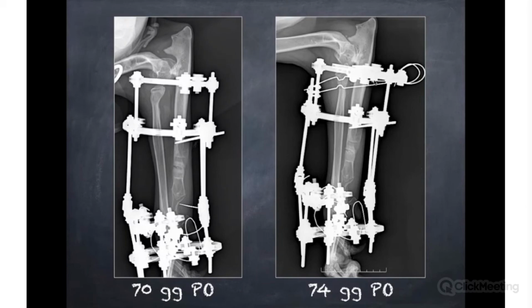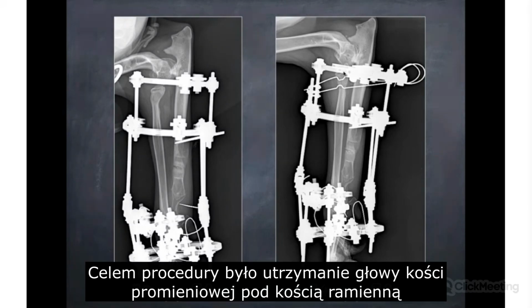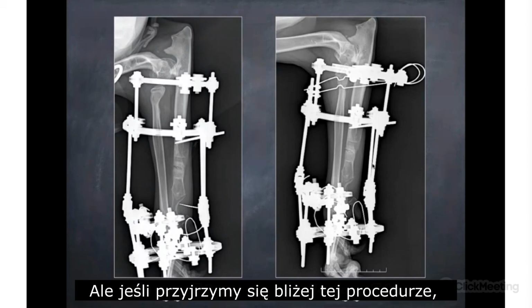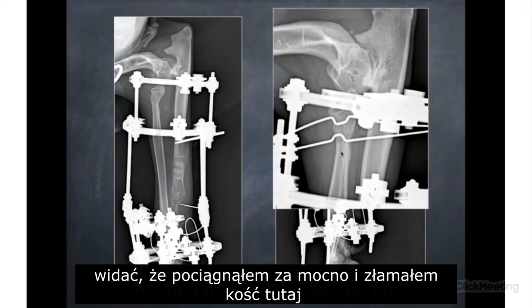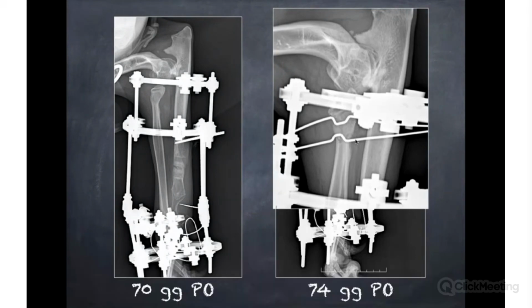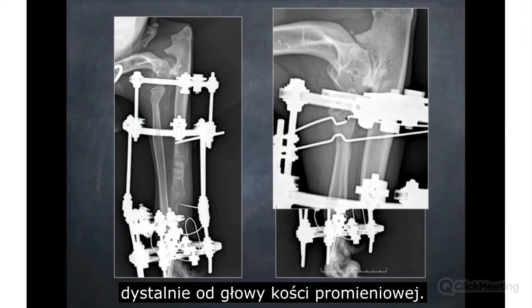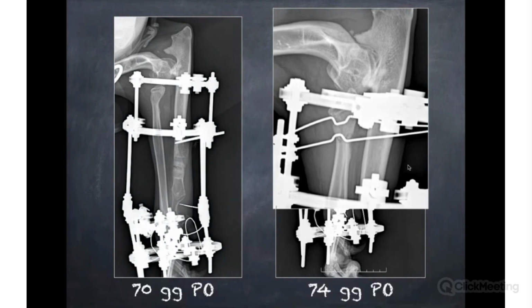The aim of the procedure was to hold the radial head underneath the humerus. But if you look more closely at the procedure, you can see that I pulled too much and I fractured here, distal to the radial head.